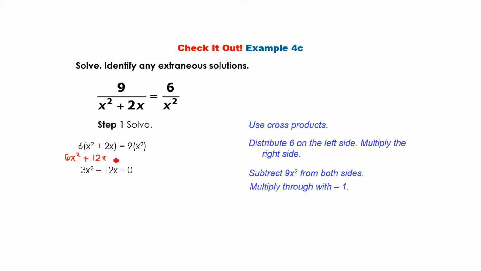But take note that we have to subtract both sides by 9x squared. So here, 6x squared minus 9x squared, I will write it here, becomes negative 3x squared plus 12x.